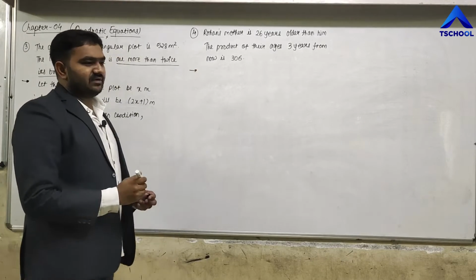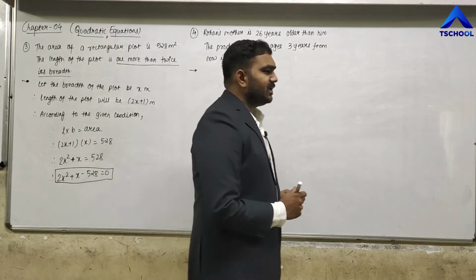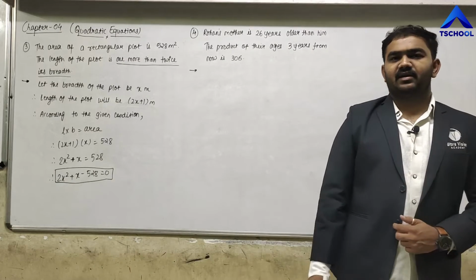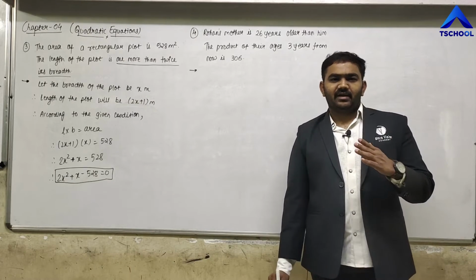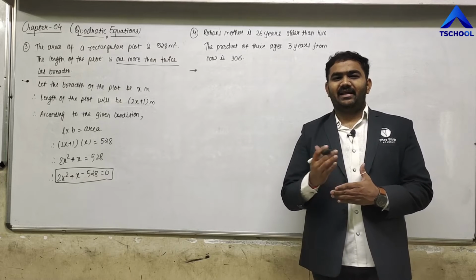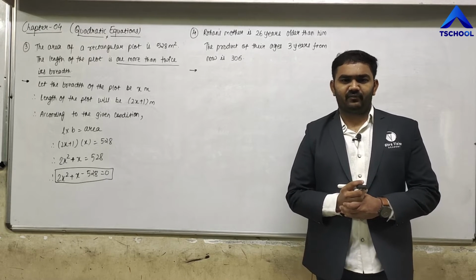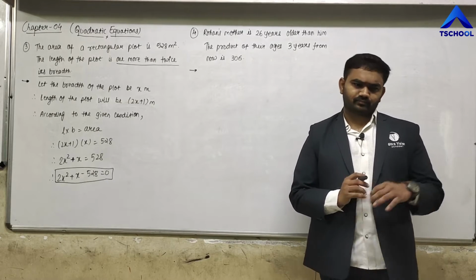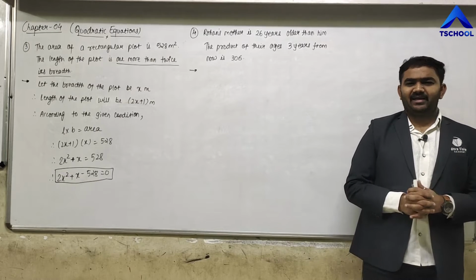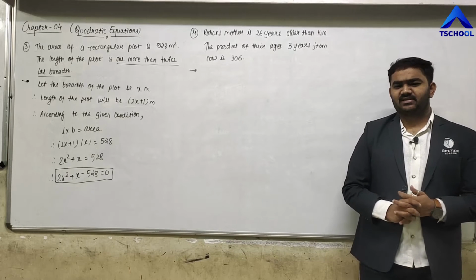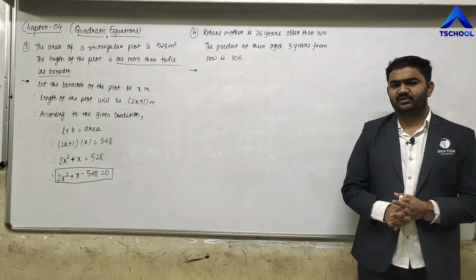Now understand the question first of all, friends: Rohan's mother is 26 years older than him. That means the age of the mother is in direct relation with the age of Rohan. So what if I assume the age of Rohan as x, then I shall get the age of his mother.